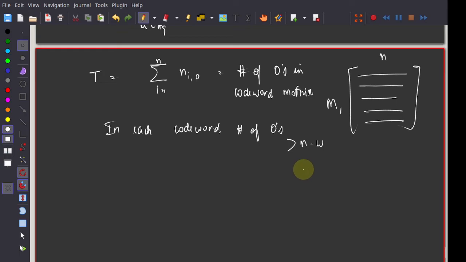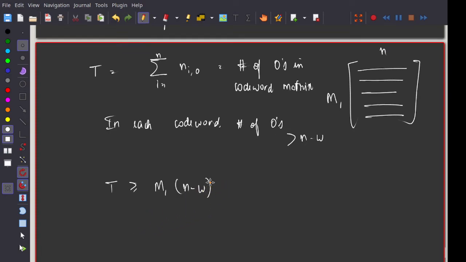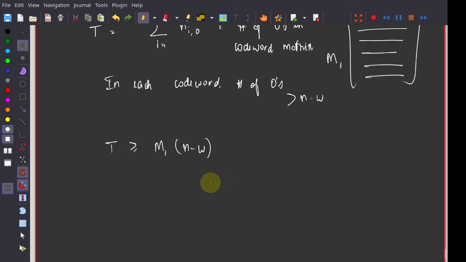Therefore, the number of zero elements should be at least n minus W. So what can you say about T? This is true for each code word, and how many code words are there? M1 code words. So T is at least M1 times (n minus W). So that is one bound on T.